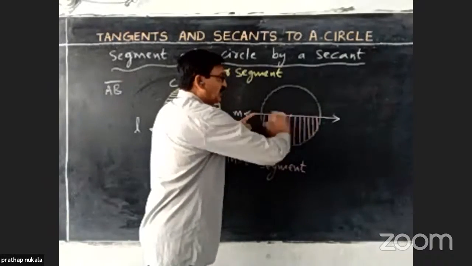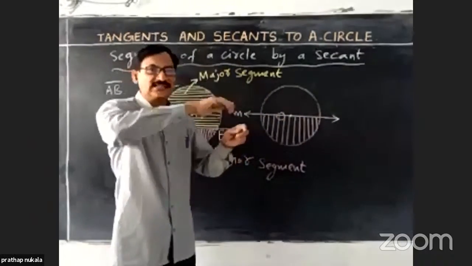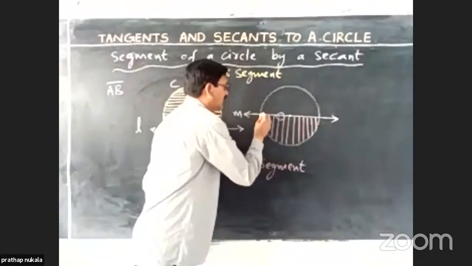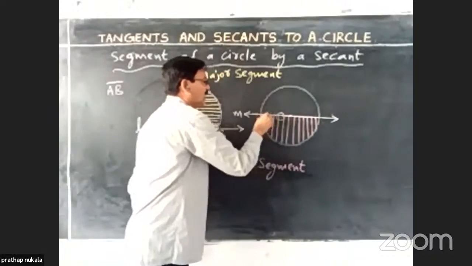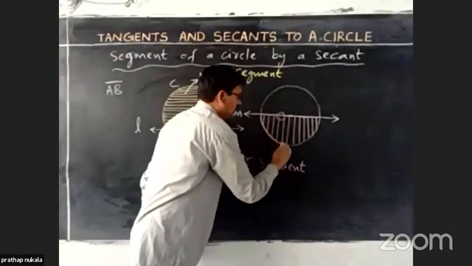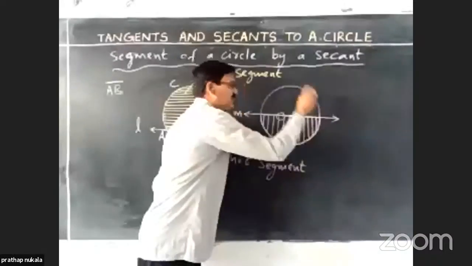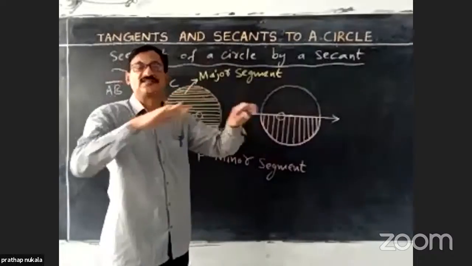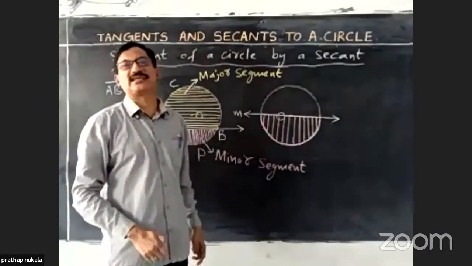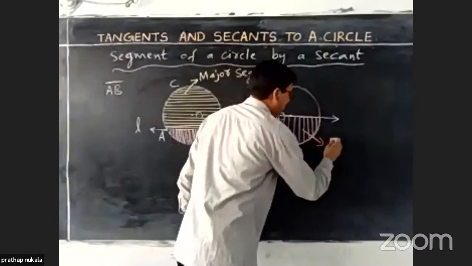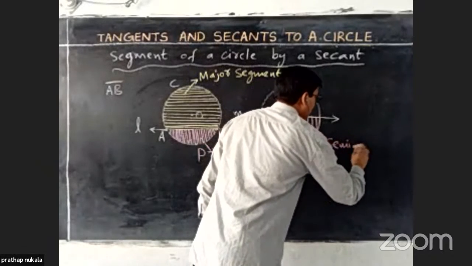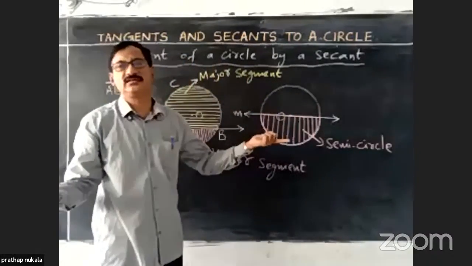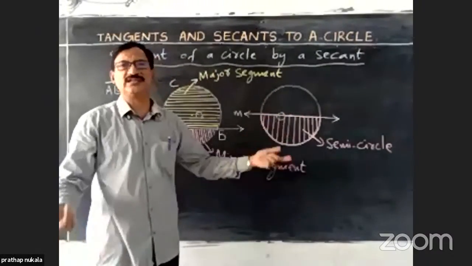This is exactly half of the circle. Exactly half of the circle means it is a semicircle, right? This is a semicircle. The upper portion is also a semicircle. Those two are equal regions.